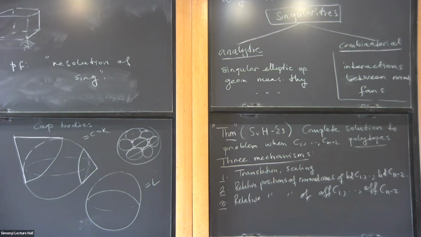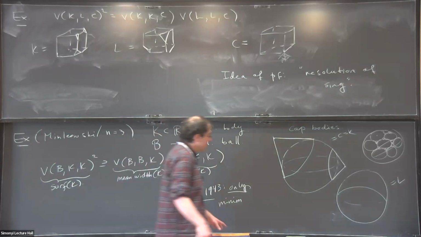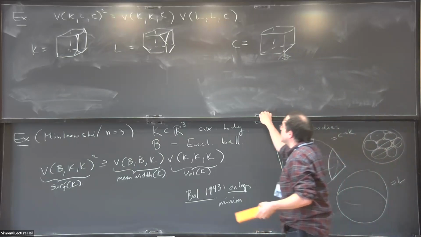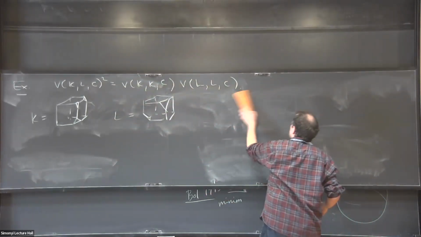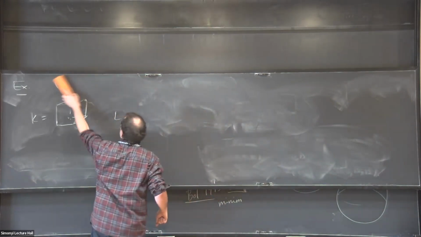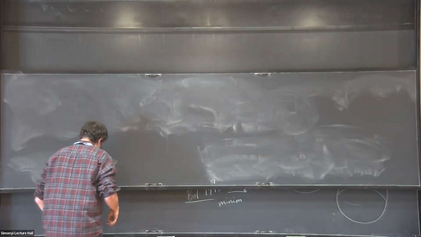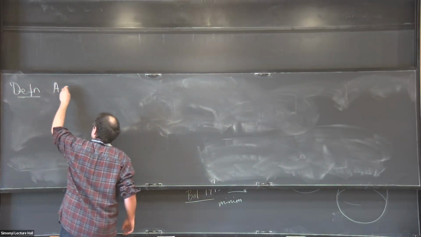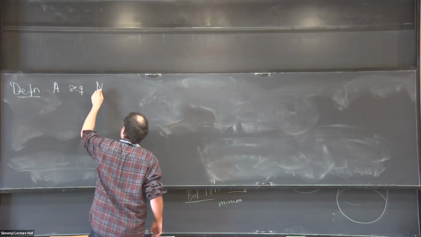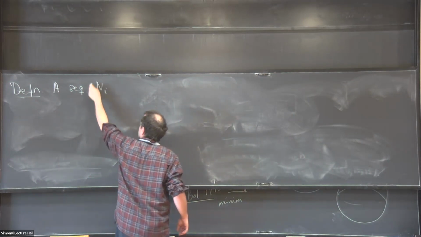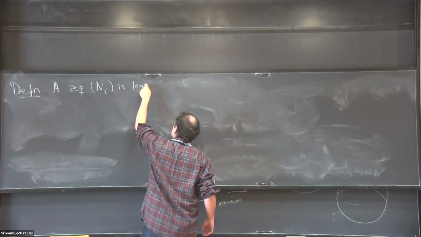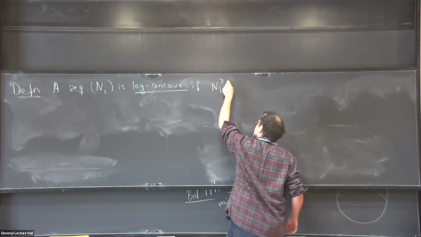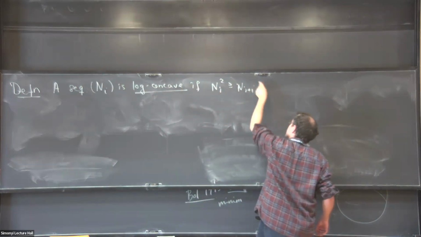Now, I want to change gears and tell you something about something that many people in this room know very well. These inequalities have deep connections to log-concavity. A sequence of numbers, let's say non-negative numbers, positive numbers, is log-concave if a_i squared is greater than or equal to a_{i-1} times a_{i+1}.